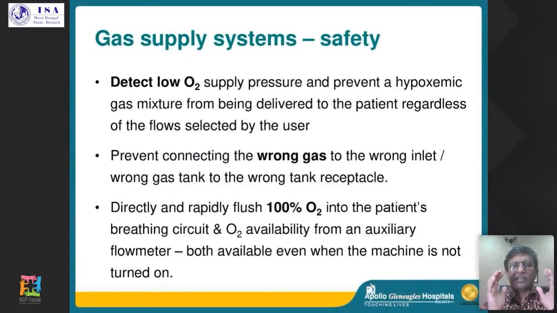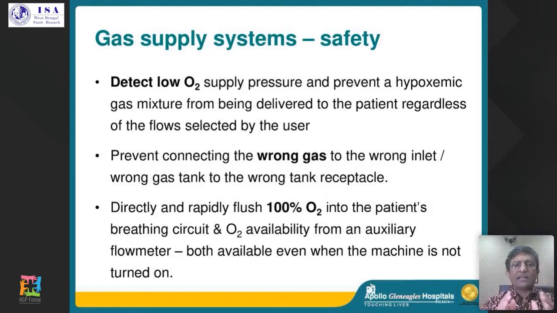And the inbuilt, and I think we will go through this again and again, is the safety net that is built in to detect that you're not giving a low amount of oxygen for the given scenario. So the supply pressure is monitored so that you prevent a hypoxic gas mixture, regardless of the flows which are being selected by the user. You cannot give a hypoxic mixture. That is the whole idea.